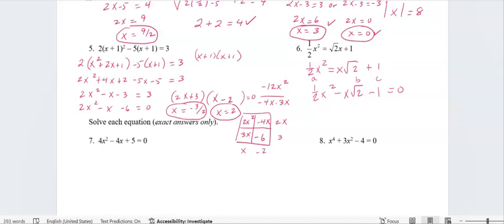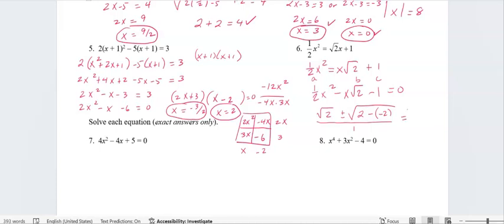So the opposite of b, which would be positive square root of 2, plus minus the square root of b squared, so that would be 2, minus 4 times 1/2, which is 2, times -1, which makes -2, all over 2 times a, 2 times 1/2, which is 1.